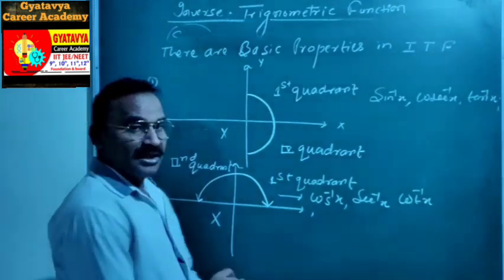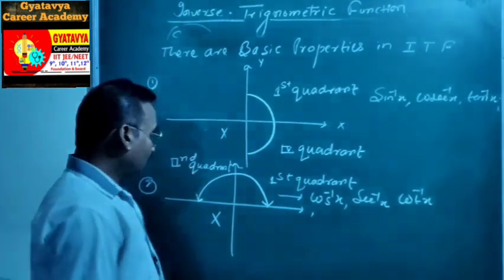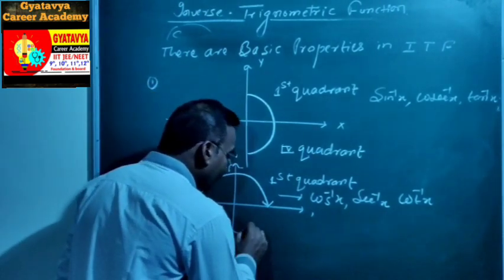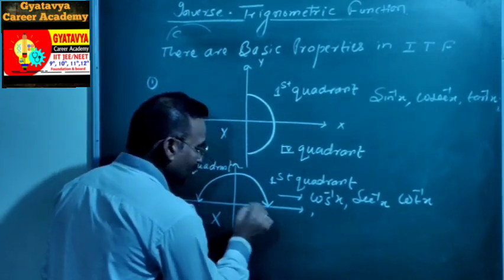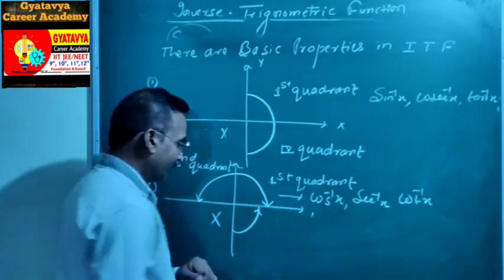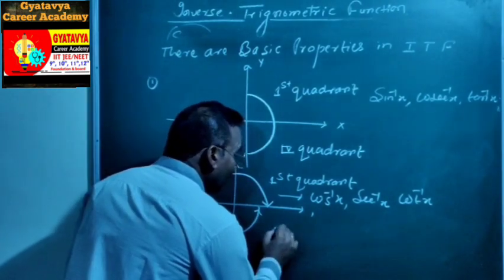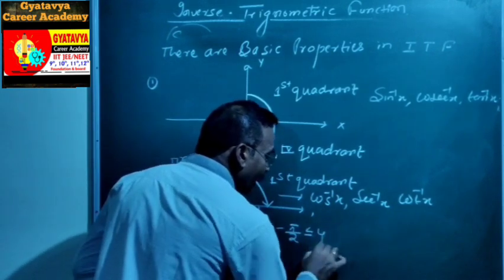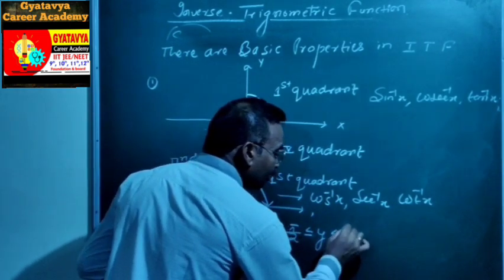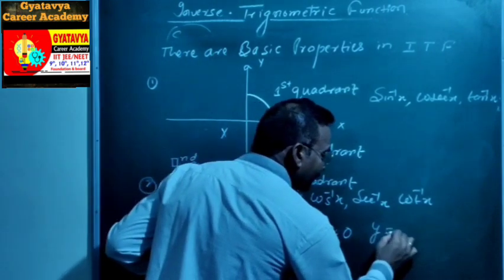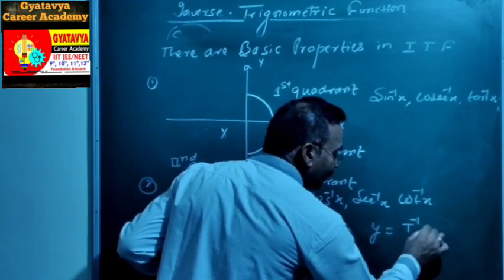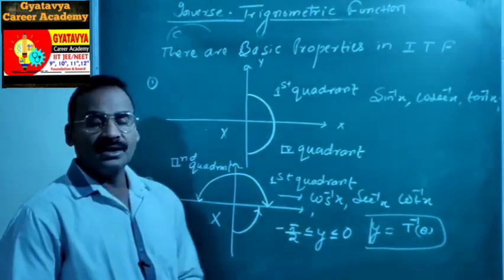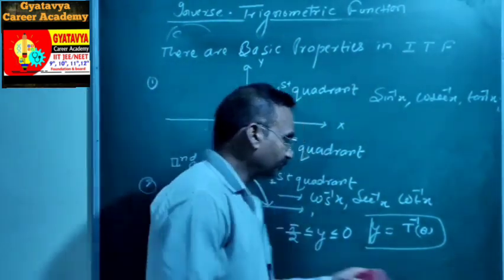In the fourth quadrant, the inverse trigonometric functions exist only in the clockwise direction, meaning minus 90 is less than or equal to y less than or equal to 0, where y is t inverse theta, the inverse trigonometric function. Is it clear? Okay.